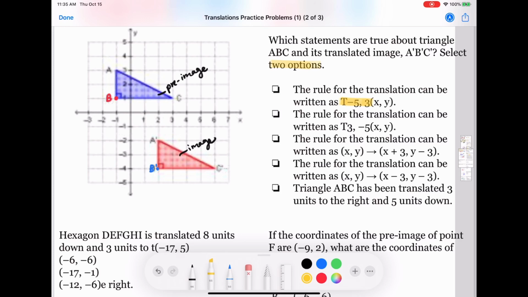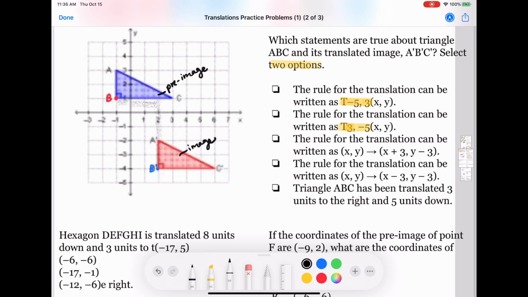This statement states that the rule for the translation can be written as translation +3, -5. Well, we know that when we have a positive A, we are to move to the right. So again, we will move 1, 2, 3. And because we have a -5, we know we are moving 5 units down. 1, 2, 3, 4, 5.